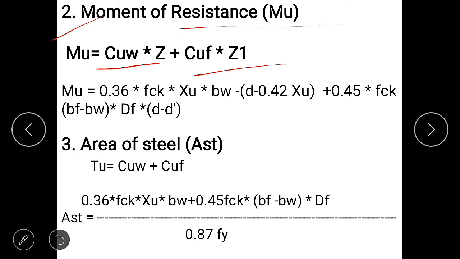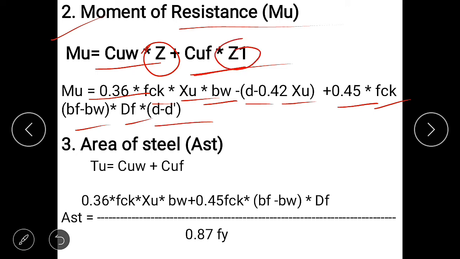So the Cuw formula is 0.36 fck into xu into bw. The Z formula, the lever arm formula, is d minus 0.42 xu, plus 0.45 fck into (bf minus bw) into Df. The Z1 formula is d minus d dash.